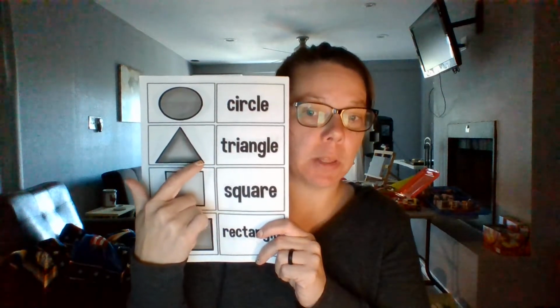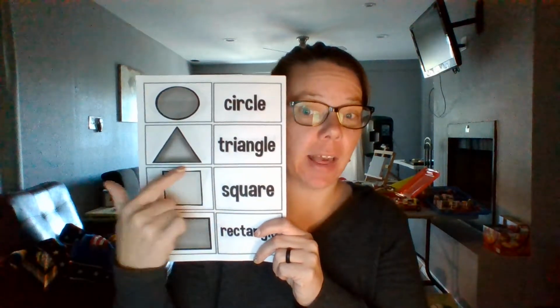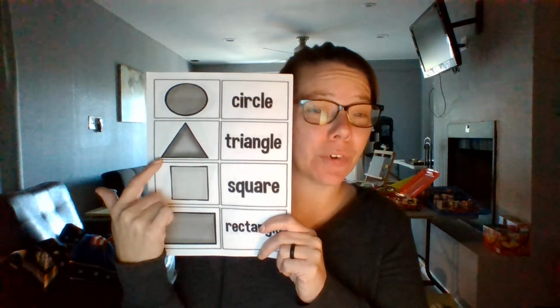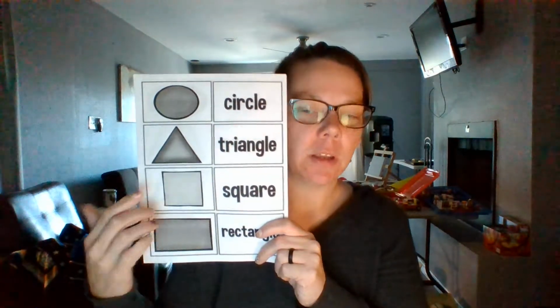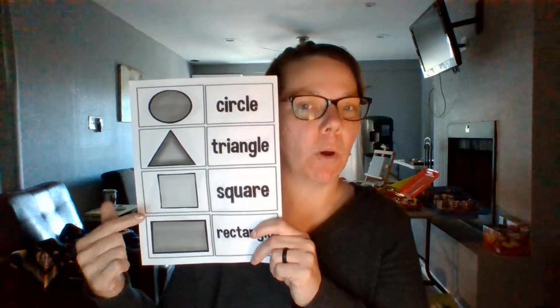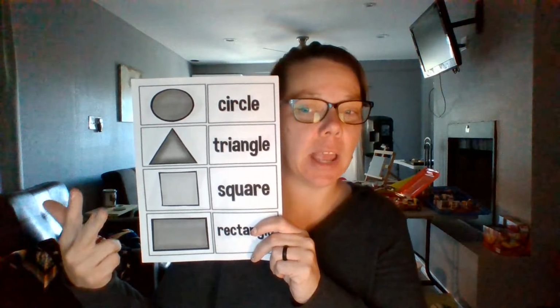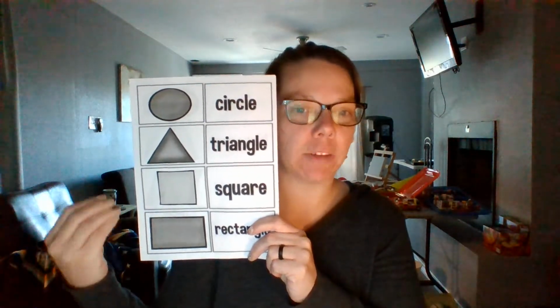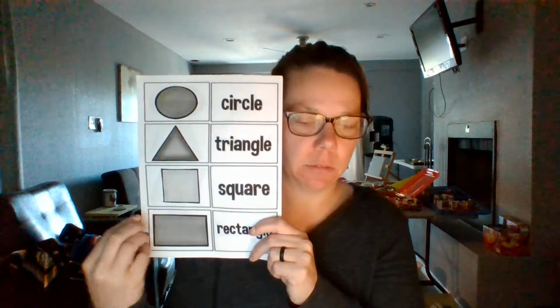So attributes would be like, how many sides does this shape have? How many corners or vertices does this shape have? And then we get to 3D shapes. What faces does it have? How many edges does it have? How many vertices does it have? Those are all attributes, things they have in common, okay?